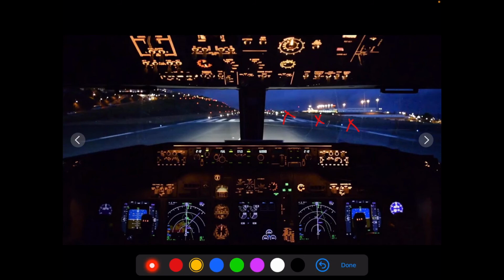In order for the points to be on the same line, let us suppose these three are A, B and C. If they are collinear, AB plus BC is equal to CA. If this condition is verified, we can say that these three points are collinear. This is how pilots determine whether the path is collinear or not.